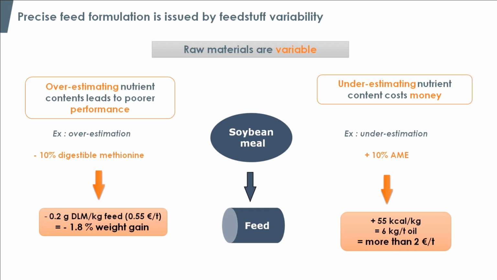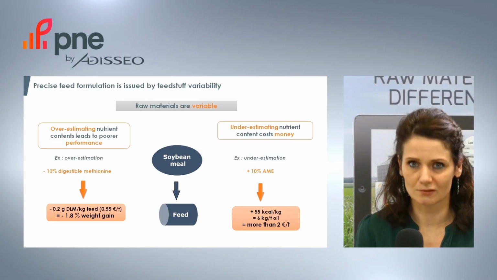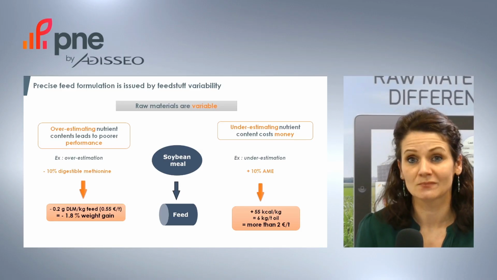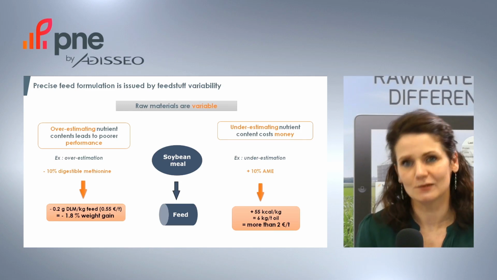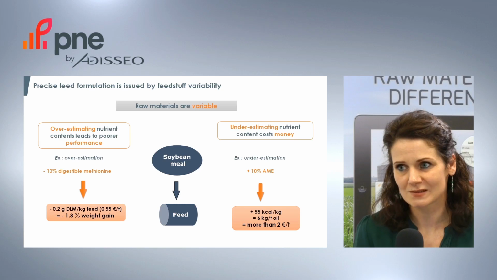That will result in lower performance in the case of overestimation, and in increased excretion of non-absorbed nutrients in the feces in the case of underestimation, with the resulting economic loss that you can imagine and also environmental problems.